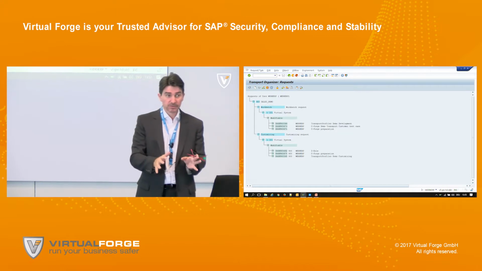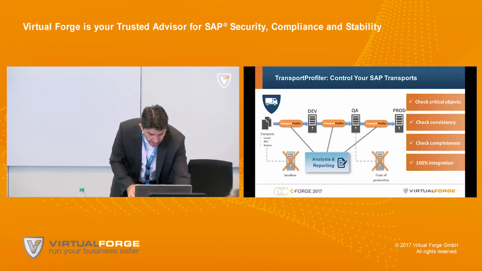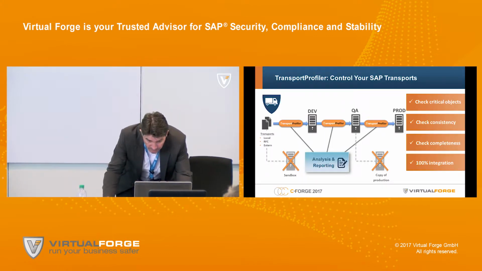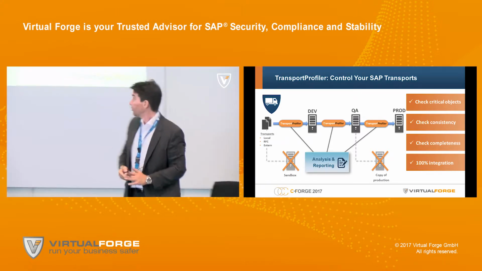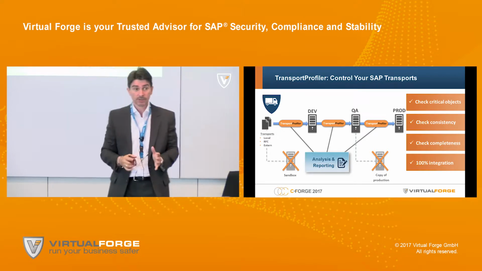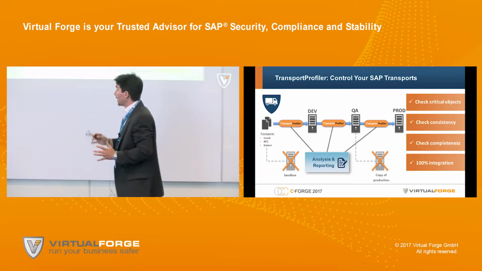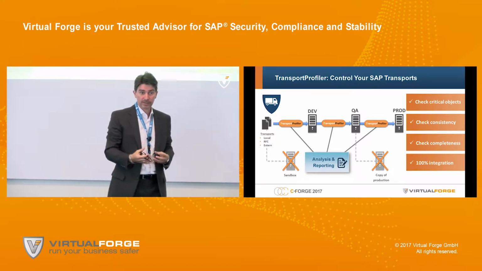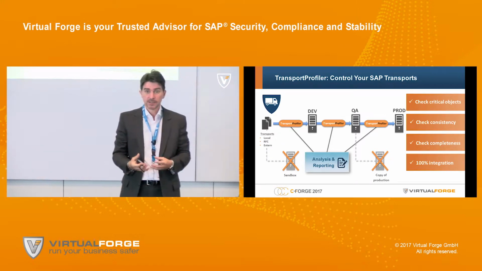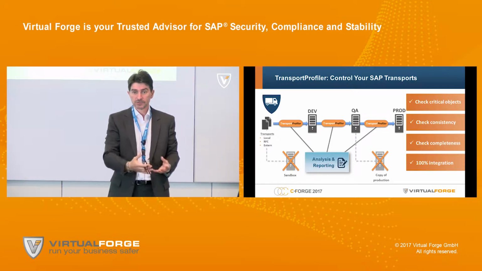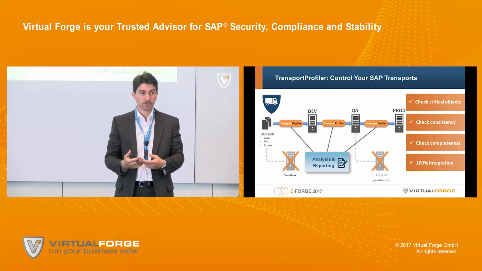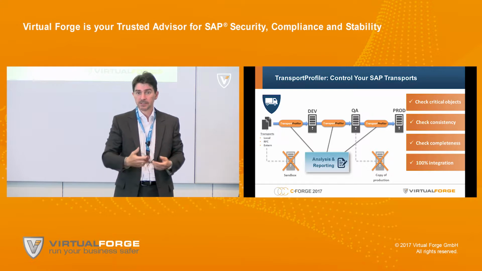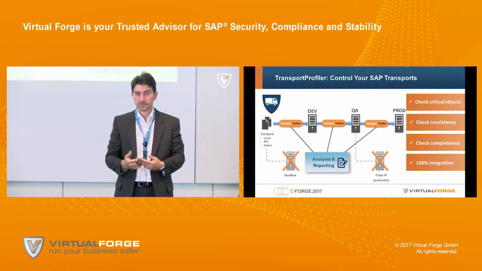Okay, just to give you a small overview, as I said, this is how Transport Profiler works in general. We analyze the transport files if the transports are released. We analyze the information out of the system if the transport is still open, and we access the data out of the system.